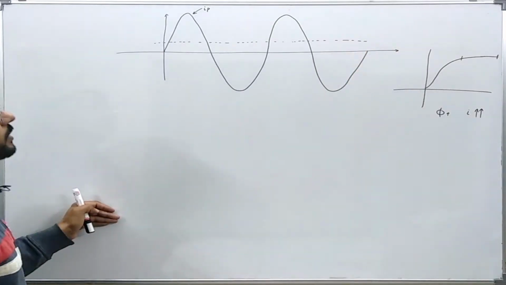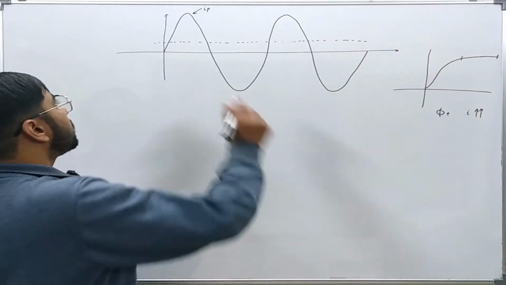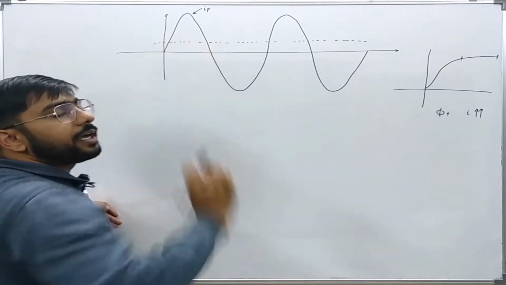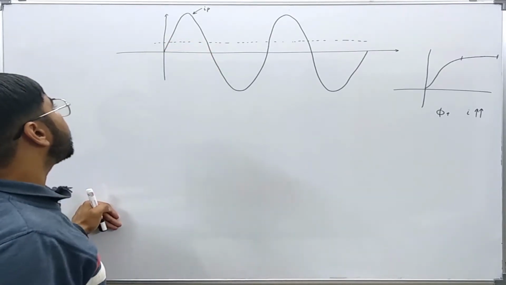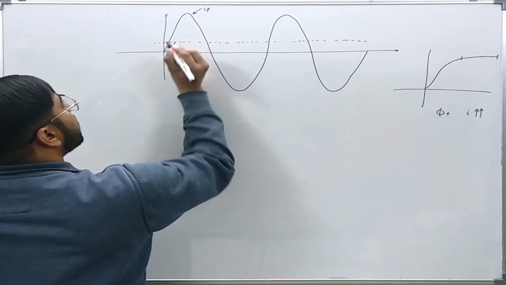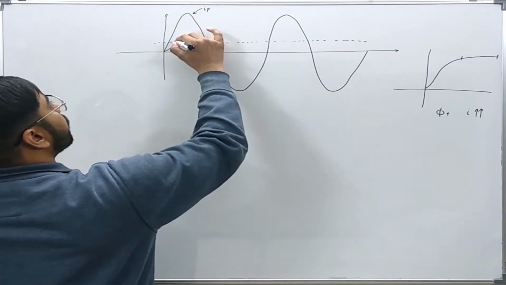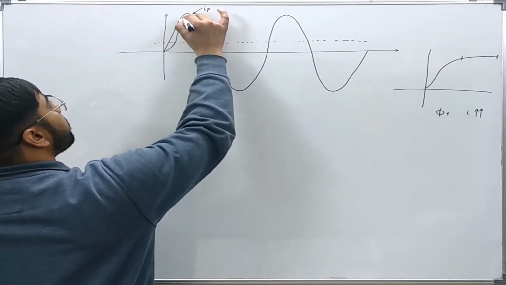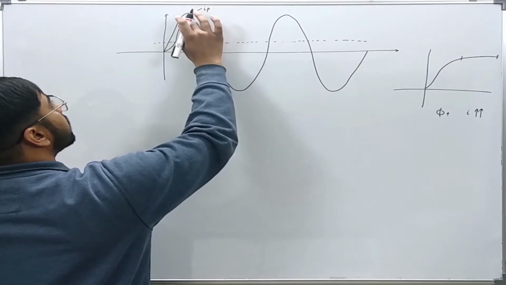For the CT, beyond this point, if excitation current is there, then the CT will be in saturation. So after this point, the current waveform for the excitation current will be peaky in nature.